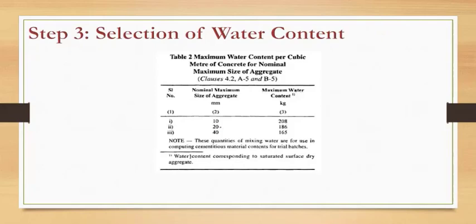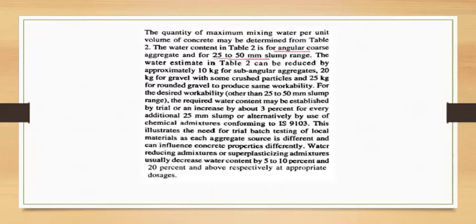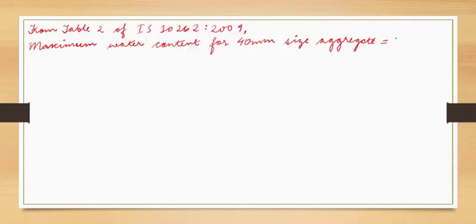From table 2, for 40 mm size aggregate we have the maximum water content as 165 kg. So let us write that down here, 165 kg.